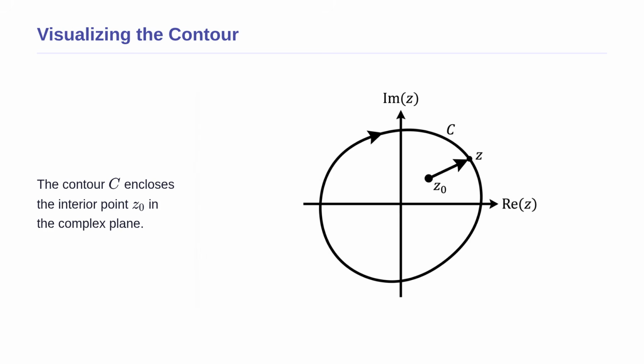Trapped safely inside this boundary is our specific point of interest, z0. The vector pointing from z0 to a point z on the boundary represents the distance z minus z0 that we just saw in the denominator of our formula. This diagram perfectly captures how the outer loop encloses and controls the inner point.